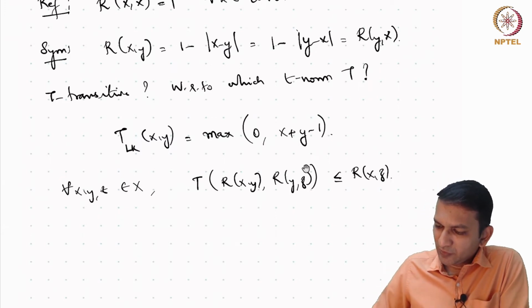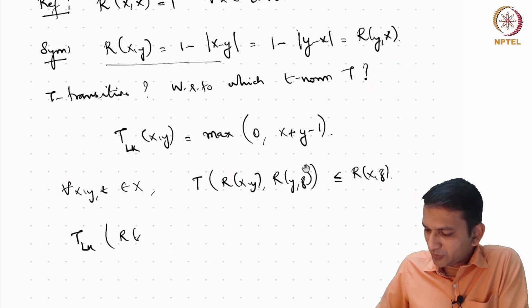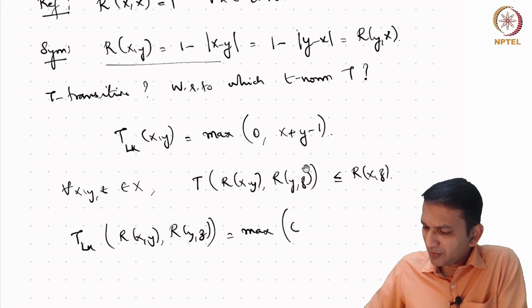And in this case, we want to show it for this relation r that we have here and the Lukasiewicz T-norm. So let's start with this. What is T_LK of r(x, y), r(y, z)? It is nothing but the maximum of 0, r of x, y plus r of y, z minus 1.